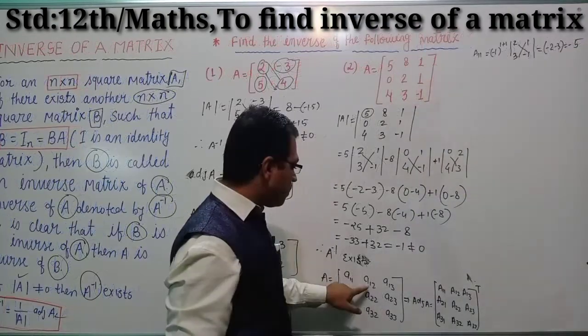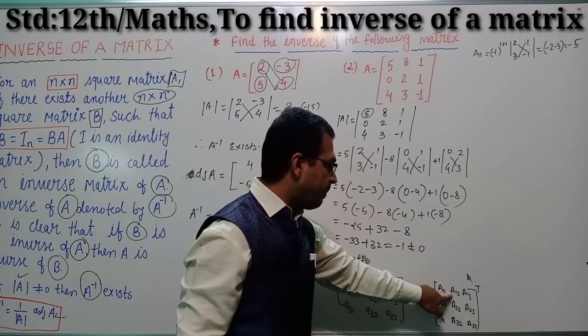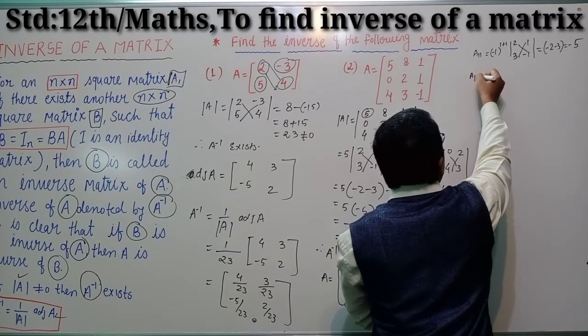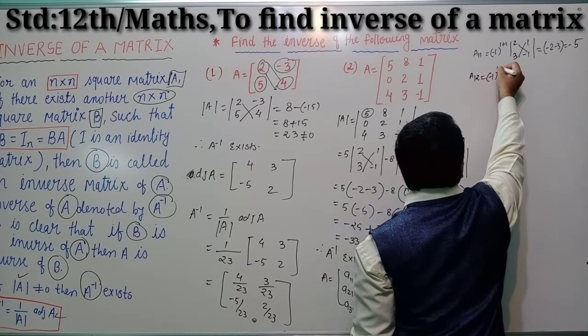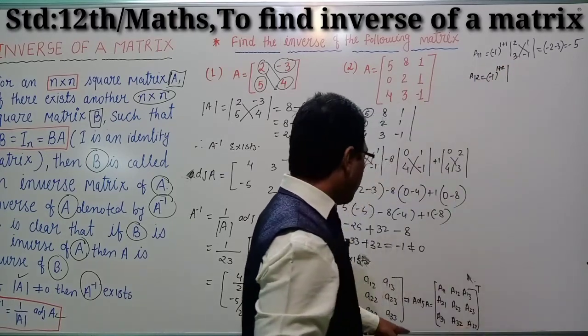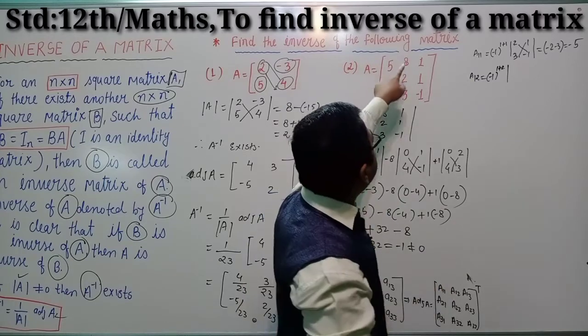Now you will find the cofactor of A12. So the cofactor of A12 is capital A12, first row, second column. So minus 1 to the power 1 plus 2. You want to find the cofactor of 8.